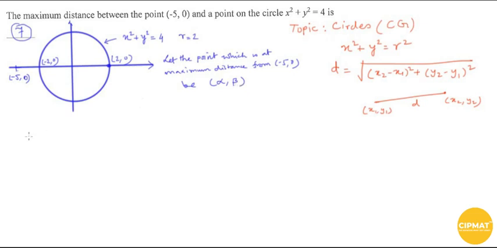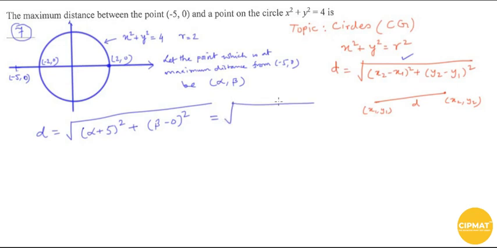Then what should be the distance between (-5, 0) and (alpha, beta)? We will use the distance formula that I have written over here, and that will be the square root of (alpha + 5)² + (beta - 0)². So this is nothing but the square root of alpha² + beta² + 10 alpha + 25.